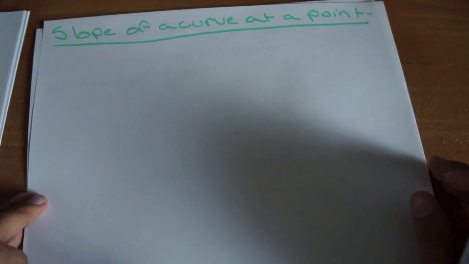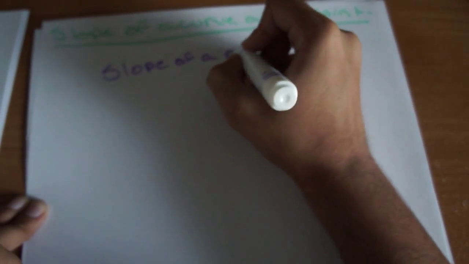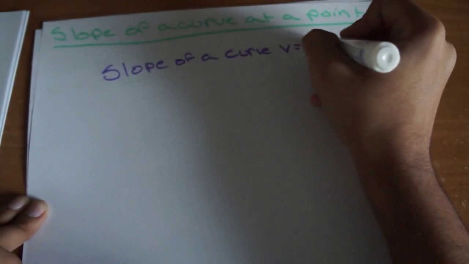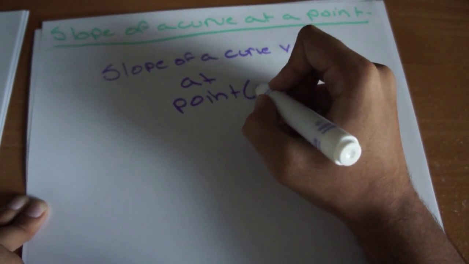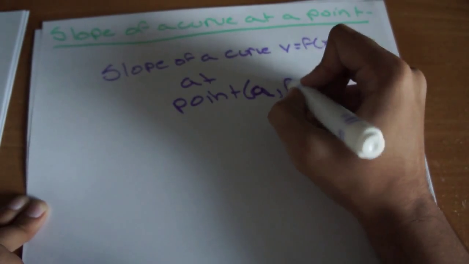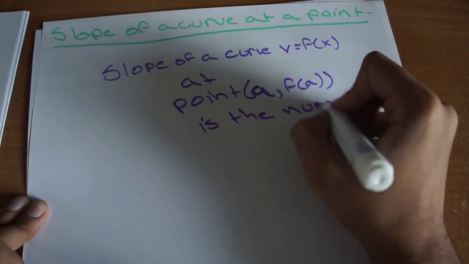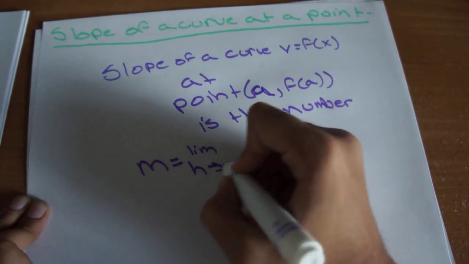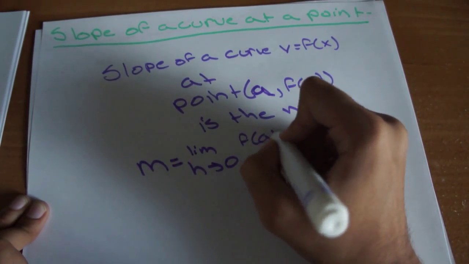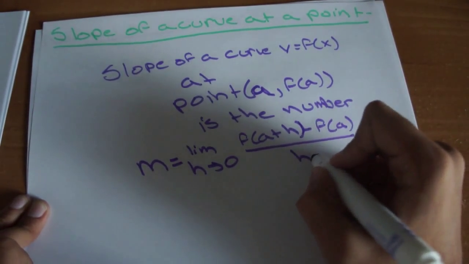So what we determined was that the slope of the curve y equals f of x at point (a, f of a) is the number m equals the limit as h approaches 0 of f of a plus h minus f of a, all over h.